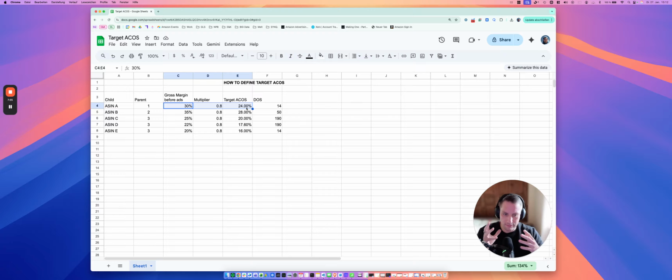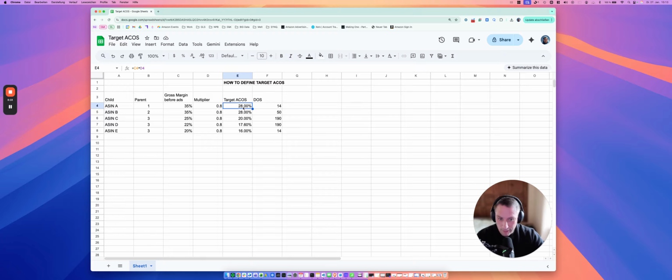So here it gets really tricky, because people will increase the price. Let's say the seller increases the price. When you have a very reactive, very dynamic system, then with increased prices, your margins also go up. If your margins go up and you're not changing anything, then your target ACOS will go up.